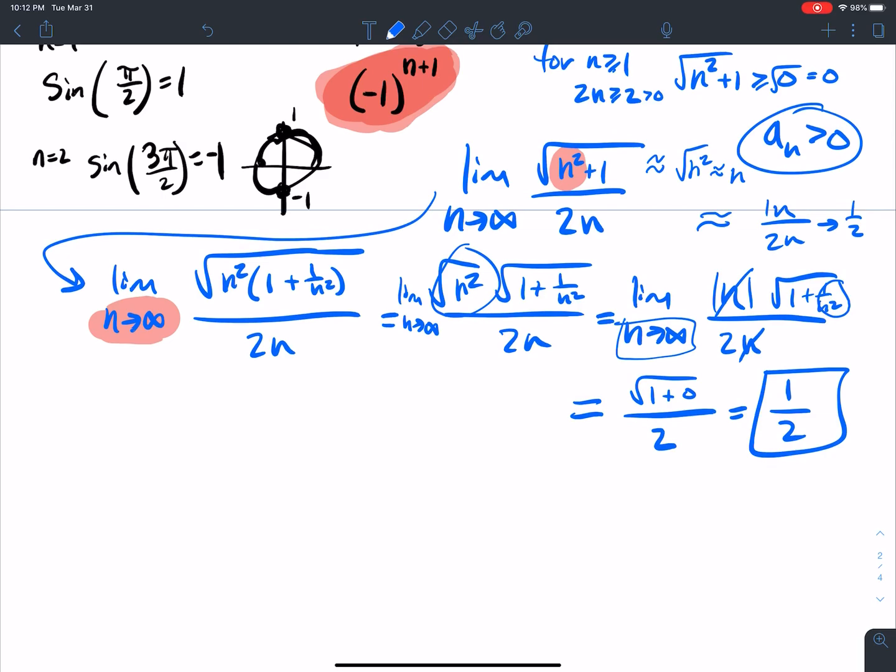if I have the limit as n goes to infinity of a sub n and it equals 1/2, okay? This is not equal to 0.